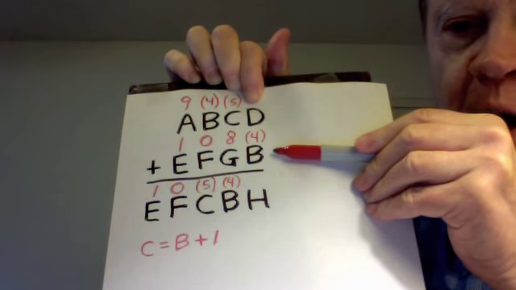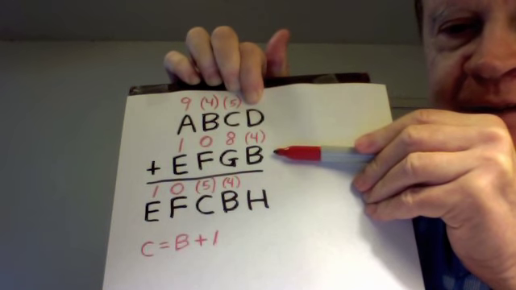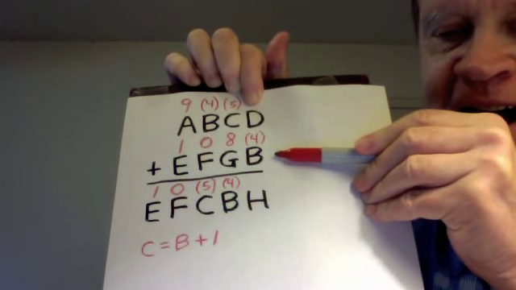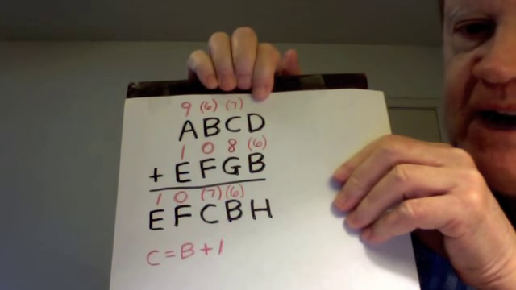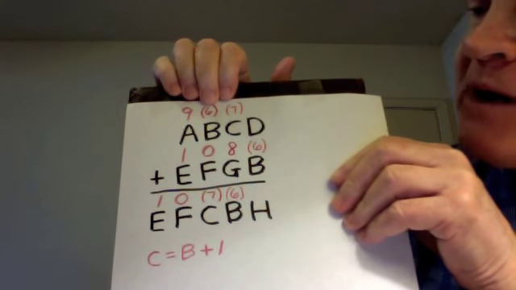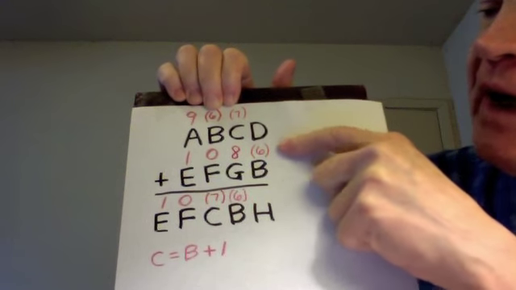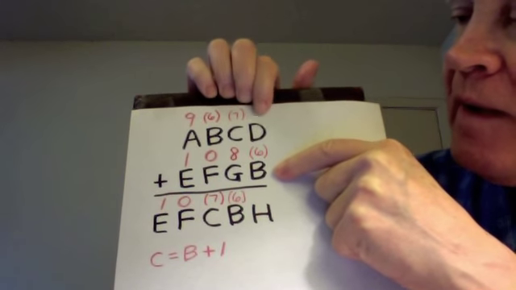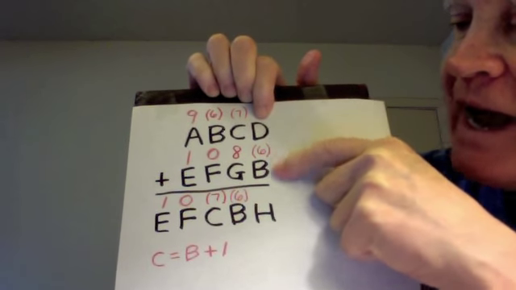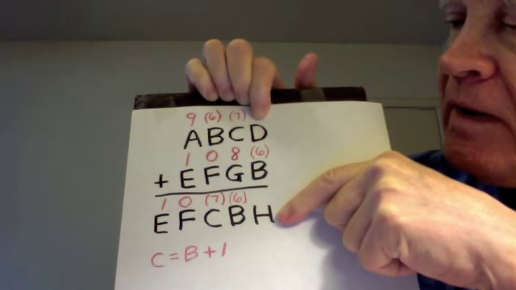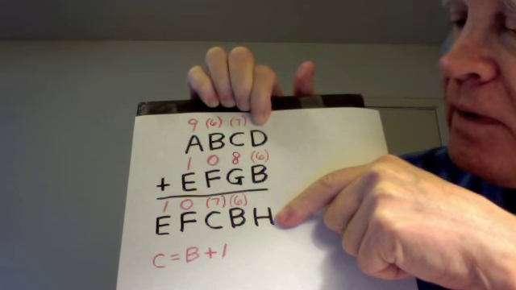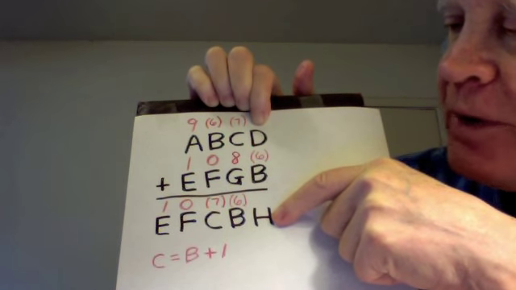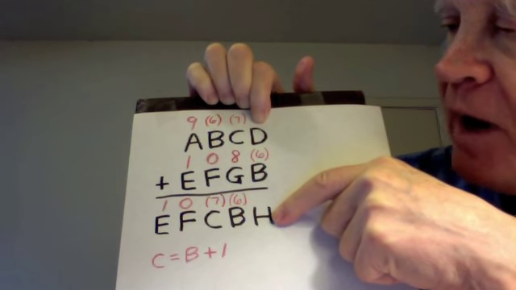The only alternatives we haven't tried yet are 5 and 6. I'm going to try 6 next. If B is 6, I put that possibility in parentheses. Again, looking at the D plus B column, this column has to add up to 10 or more. If D is 4, H is 0, but 0 is already used, so that's not possible.